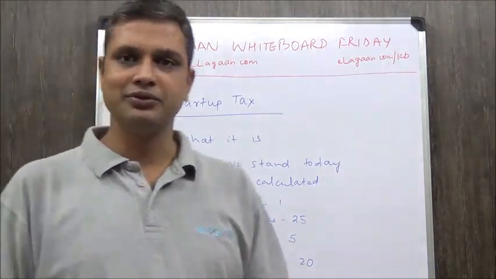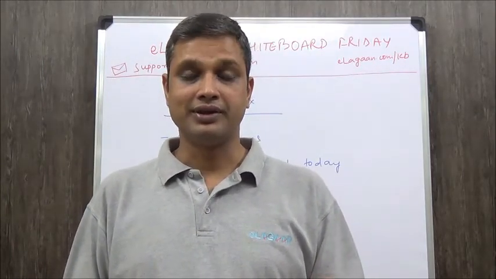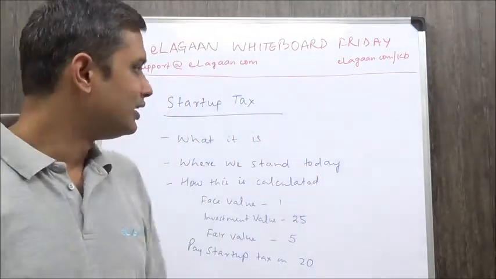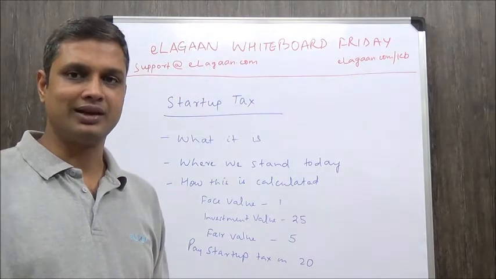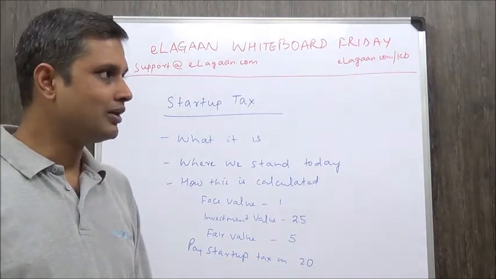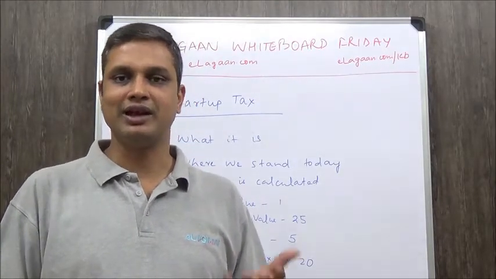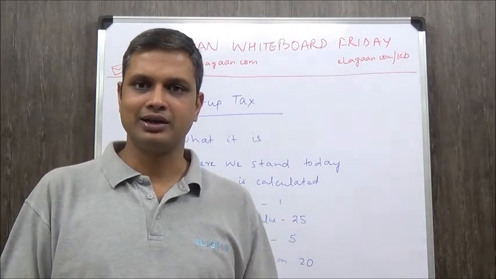See, basically when you form a company, you have the face value of the share, which is somewhere around 1 rupee, or 10 rupee, or even 100 rupee shares. That is neither at a premium nor at a discount. But when you raise money from investors, you typically raise it at a very high premium. Investors put in money in a somewhat unstructured way.